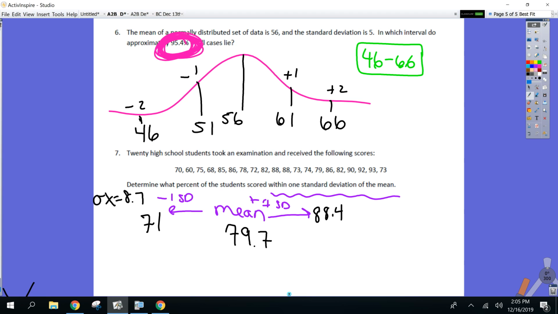Are everyone ready? We got to figure out, because it says what percent, how many total scores are there? 20. So out of the 20, how many fall between 71 and 88.4? Take your time. Circle them, there's a good idea. Cross them out. Triangle them. How many are between 71 and 88.4?